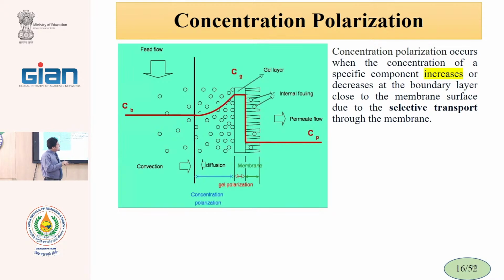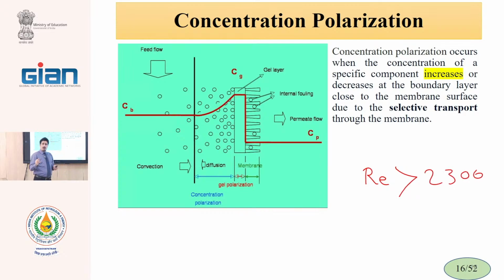Therefore, hydrodynamics is very important at the membrane surface, and we try to have a turbulent fluid regime on the membrane surface. We must have a Reynolds number bigger than, for turbulence, usually 3,000 on the membrane surface, and the feed speed is very important.